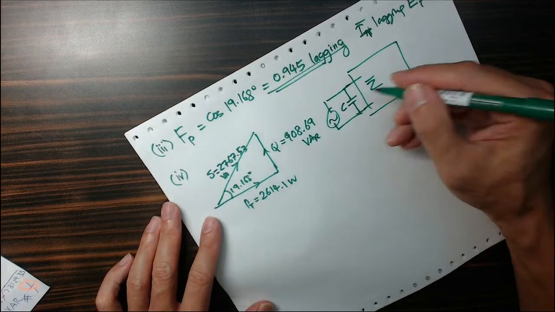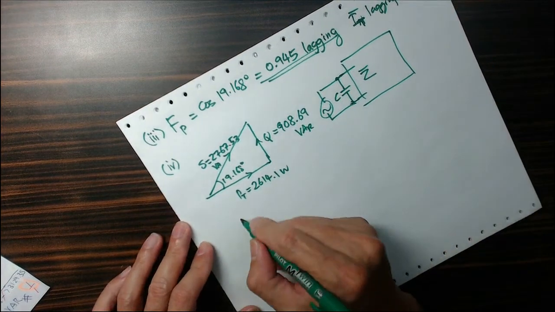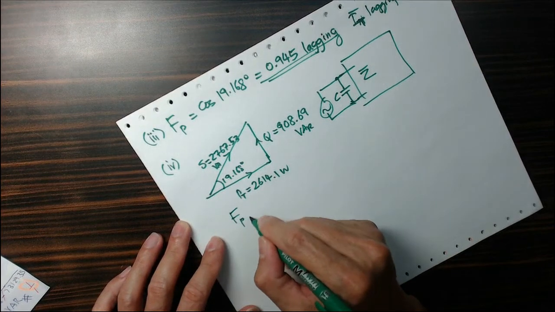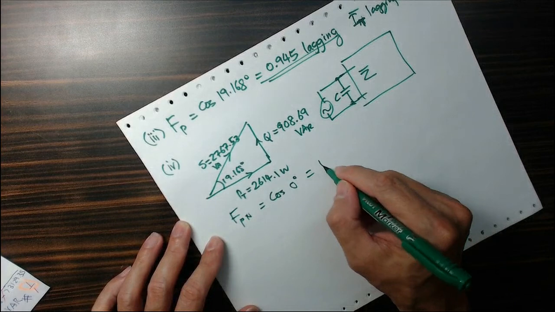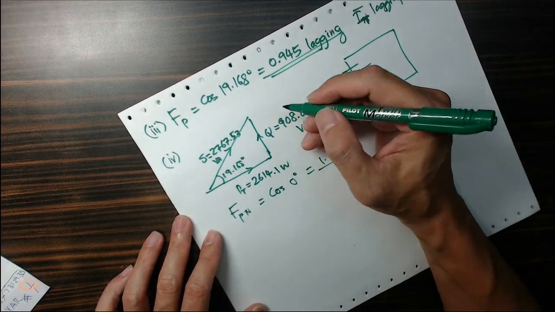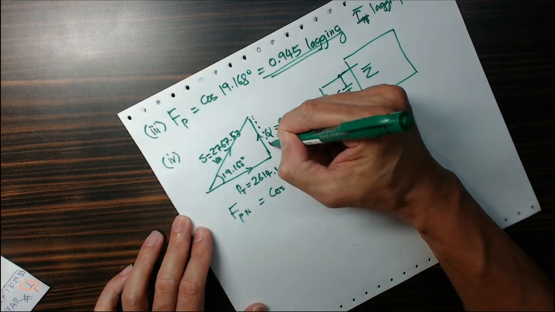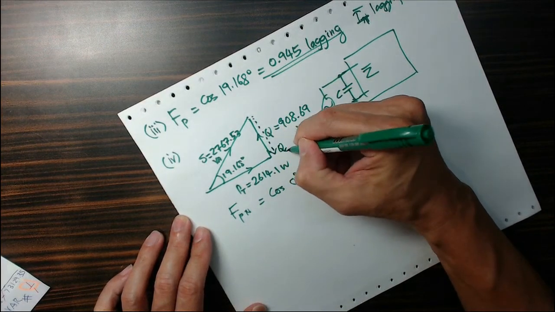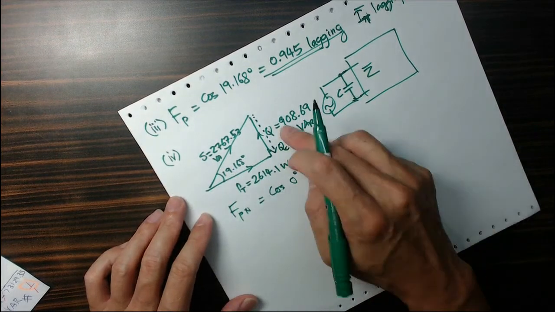So I want the new power factor to be cosine 0 degrees, because that will give me a power factor of 1. To do that, I introduce a capacitor that provides reactive power which cancels out the current inductive power.